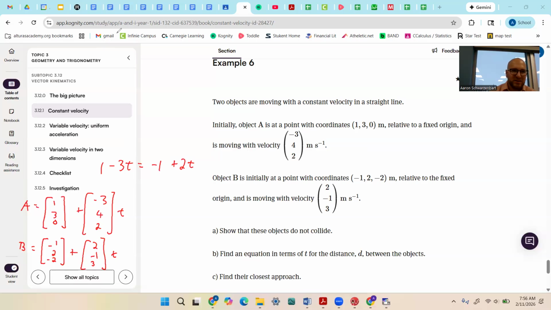Let's solve this by adding 3t to both sides and adding 1. And I get 2 equals 5t, t equals 2/5.